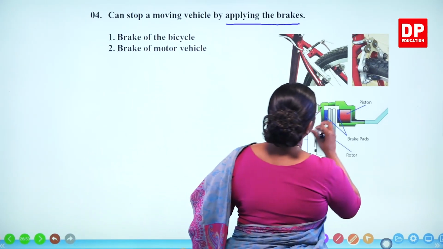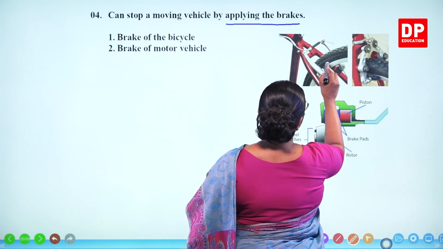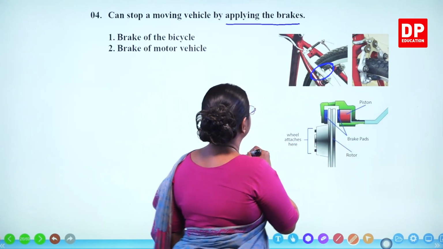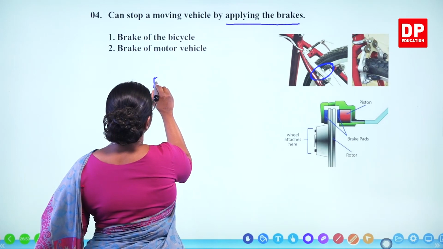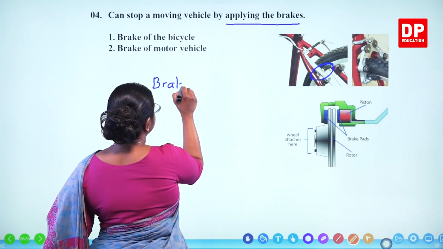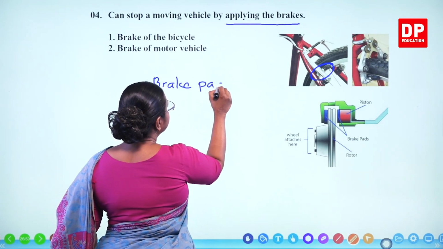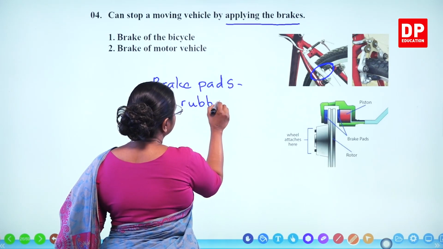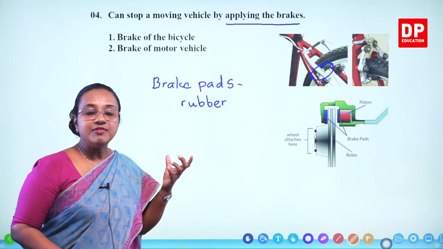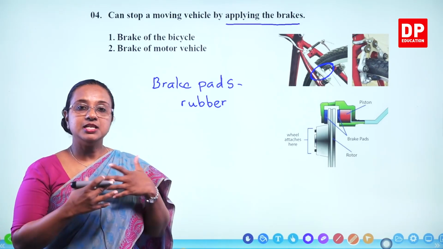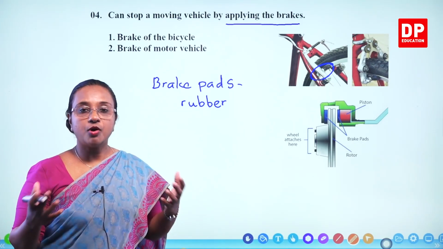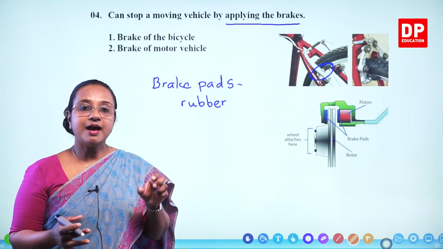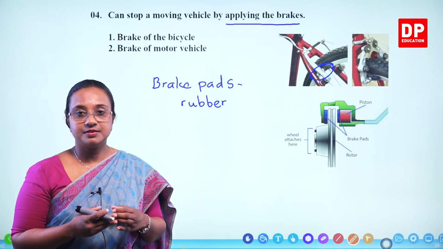Here you can see in this picture, these are what we call brake pads. And these brake pads are made up of rubber. When these brake pads are new and not worn off, they have a very rough surface.